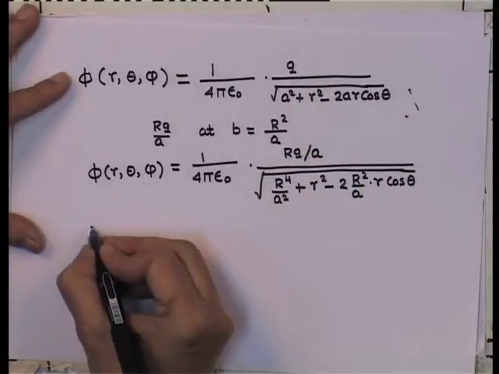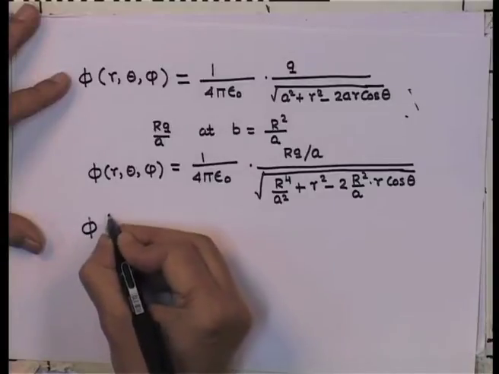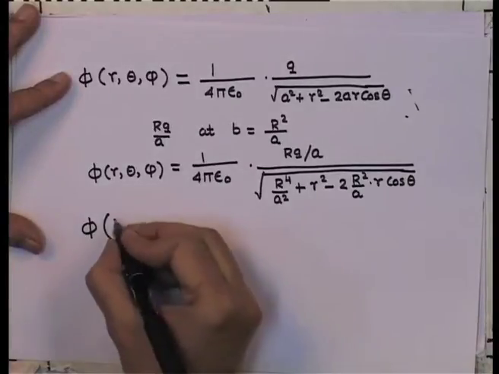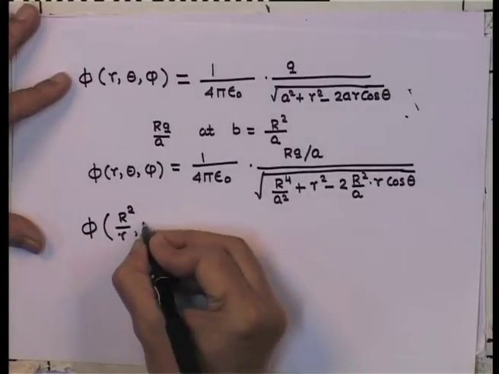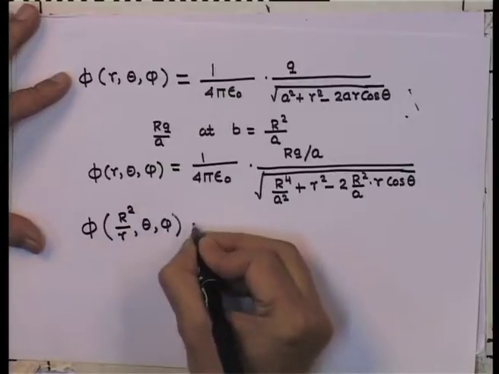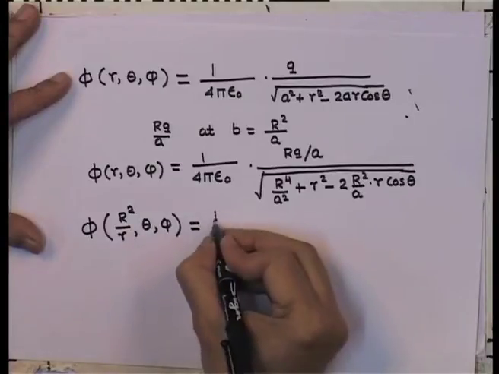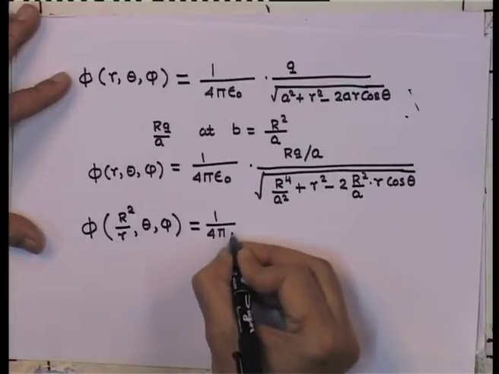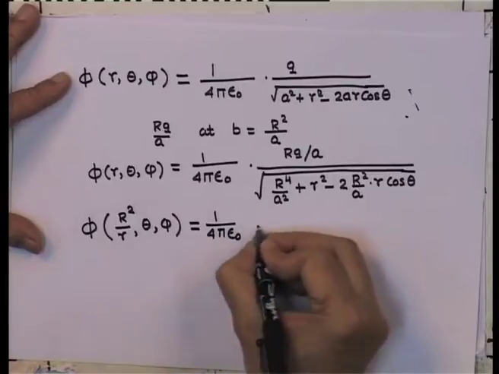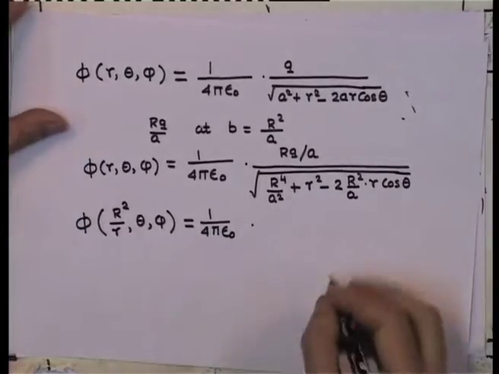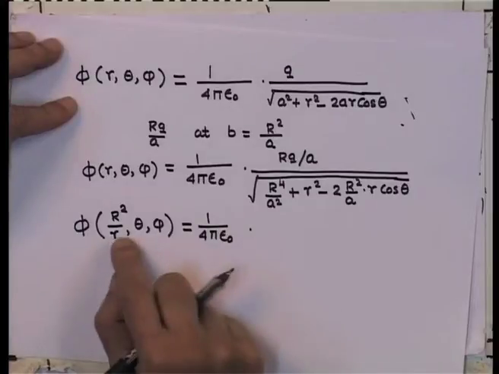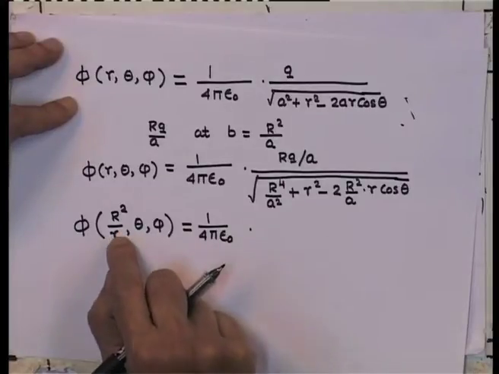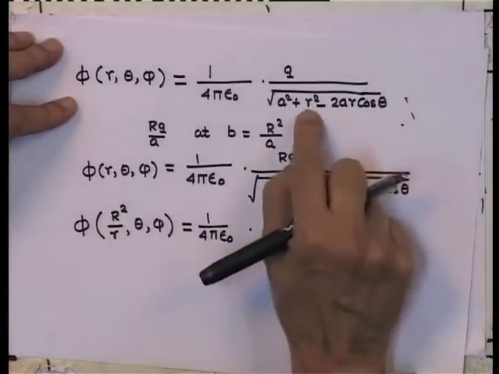Now, let us rewrite the potential phi not at r, but at r square by r theta phi, which is simply saying that replace this expression by putting in place of r, r square by r, and of course, these will remain the same.